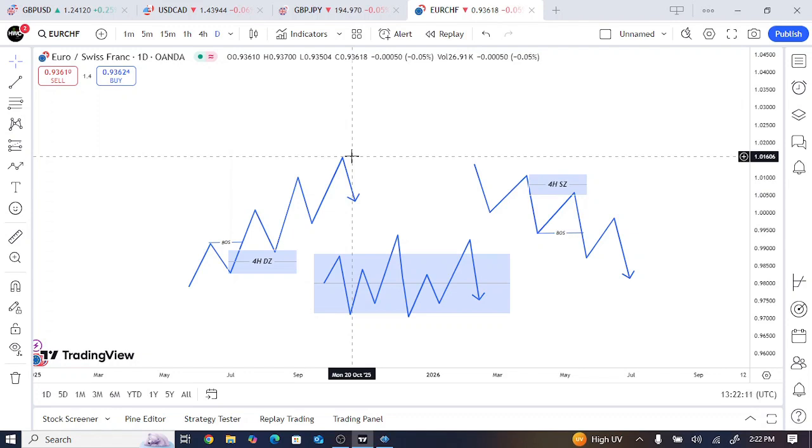Forex markets, like I always tell my students, are not owned by your parents, so your parents cannot make the market move in their direction.